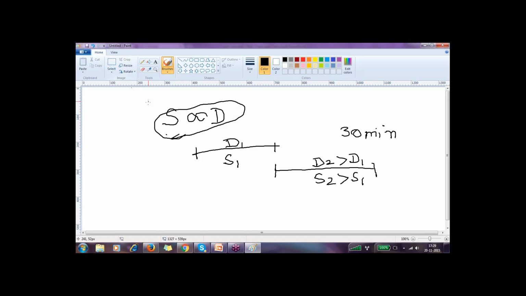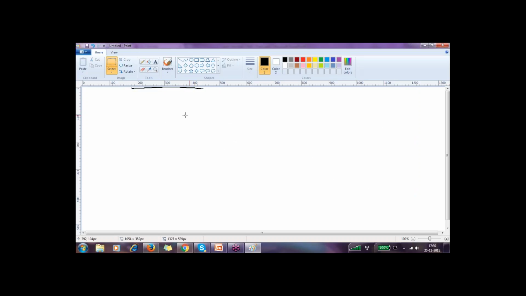Okay. Let's see the other thing. Let me clean. Now speed is proportional to 1 by t, which means speed is inversely proportional to t.